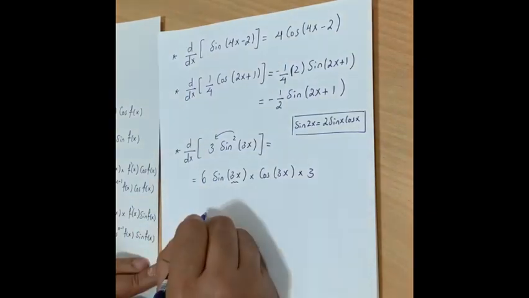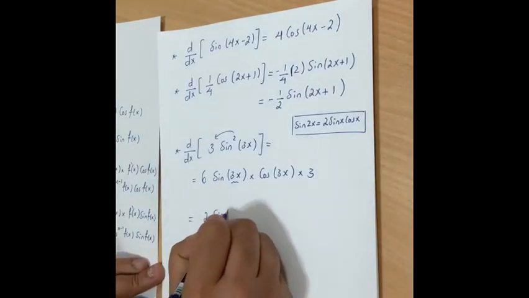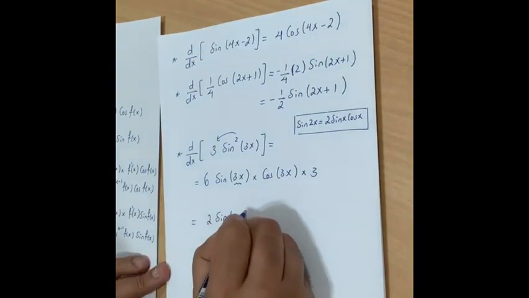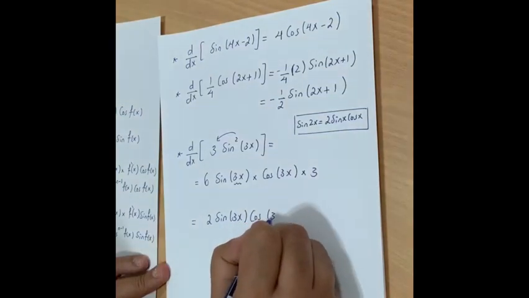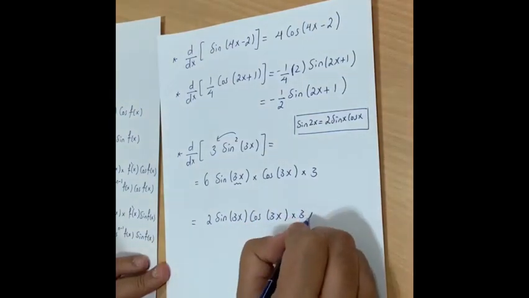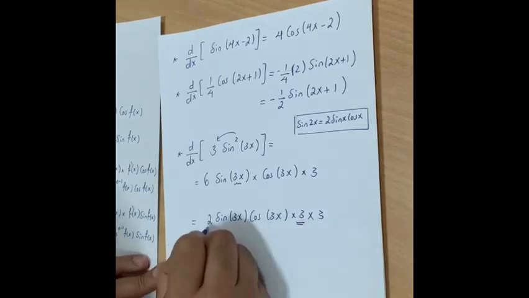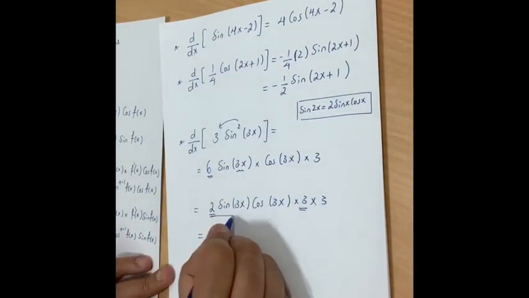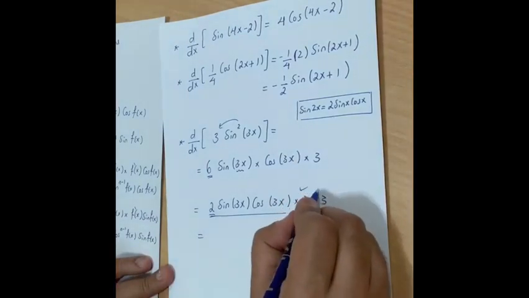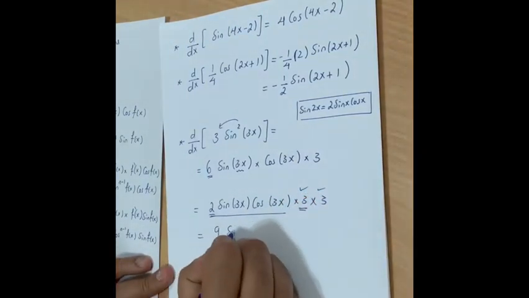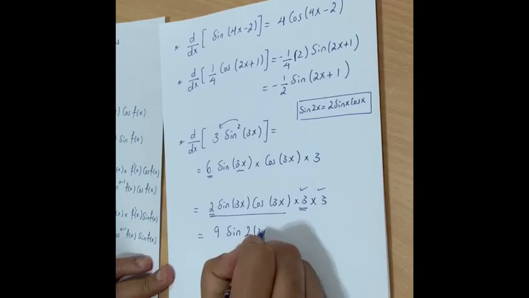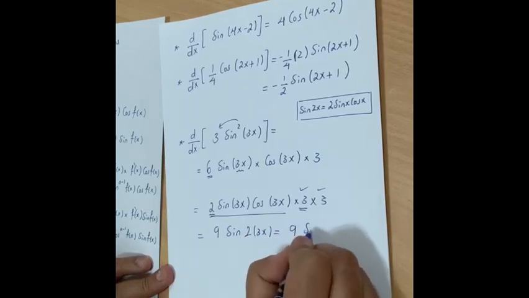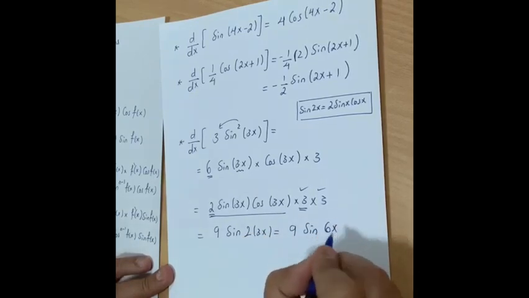So we need 2 sine of 3x cosine of 3x multiplying 3 multiplying 3. So that 3 multiplying 2 will give you 6. Then this part now is the sine of the double angle. 3 by 3 is 9. So 9 sine double of 3x, or 9 sine of 6x.